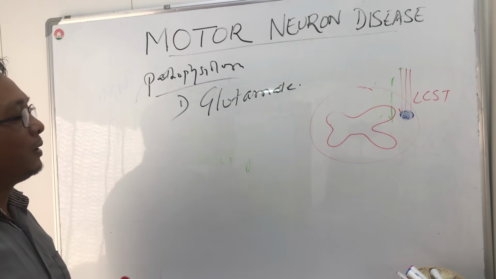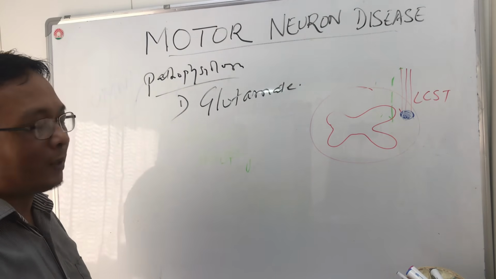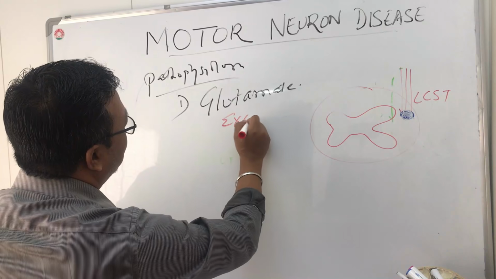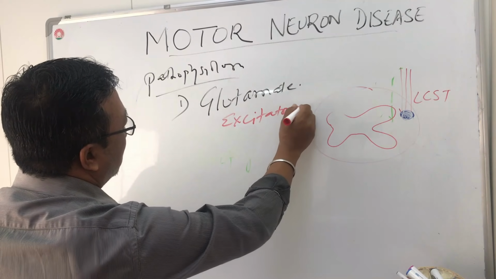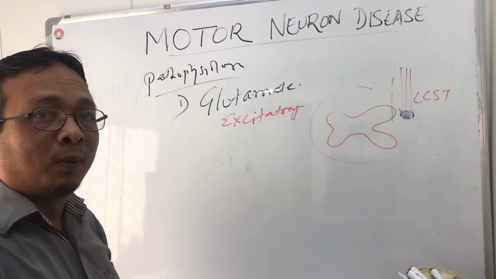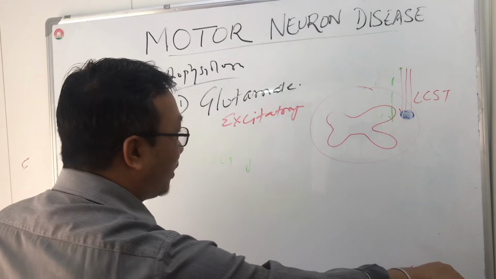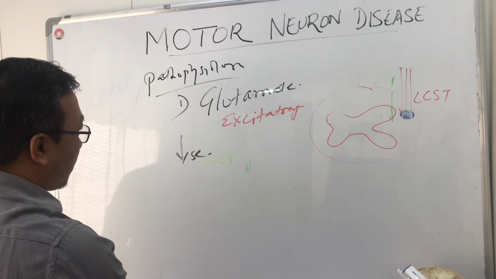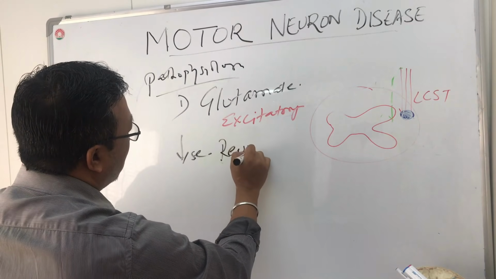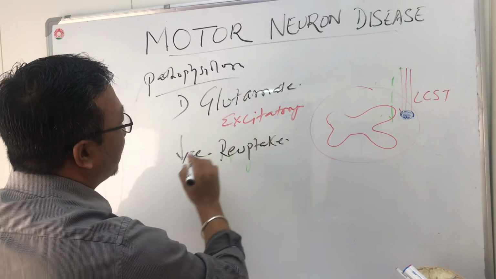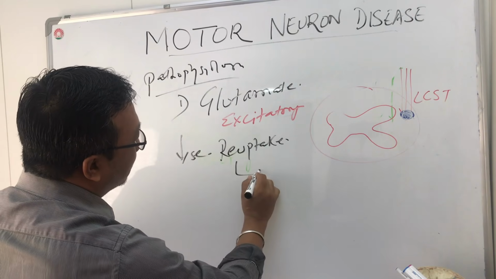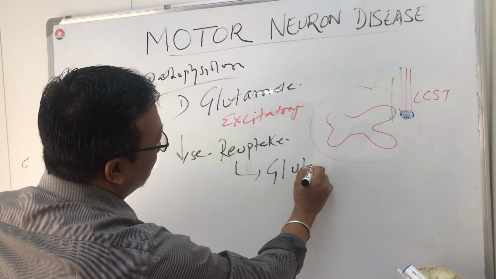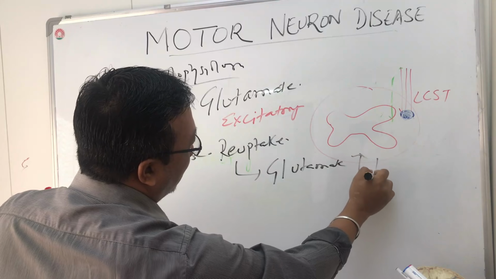This glutamate is a neurotransmitter, we all know that, and it is an excitatory type of neurotransmitter. Whenever there is any problem in the reuptake, meaning decreased reuptake, the glutamate level in the body goes high.